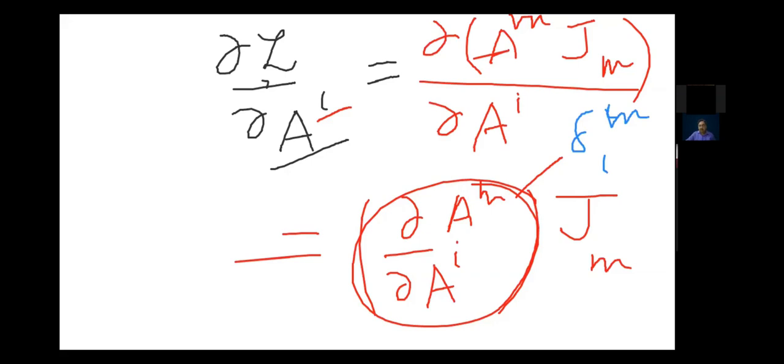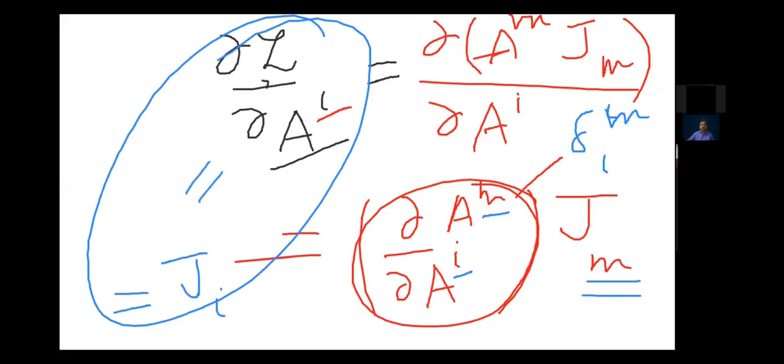Right? So in the entire expression, the answer will be sustained only if m is equal to i. And when you put m equal to i, this outside j_m itself becomes j_i. And this is the answer of our question.